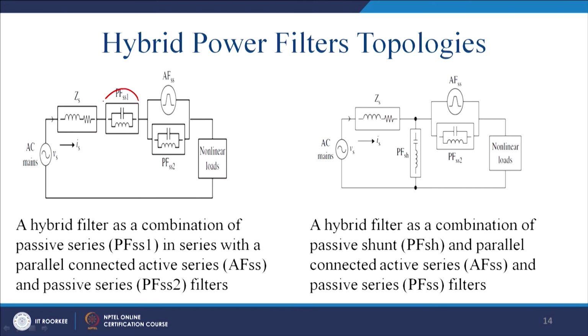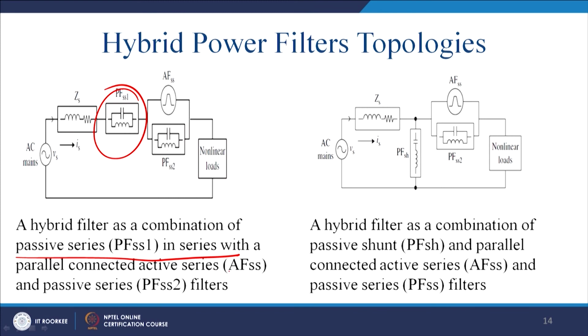Now, let us see the combinations that we have already discussed a little bit. First we have a series compensation for the particular filter, then we have a series active filter connected parallel to another passive series filter. So, this is called a hybrid filter: a combination of the passive series filter in series with a parallel connected active series.